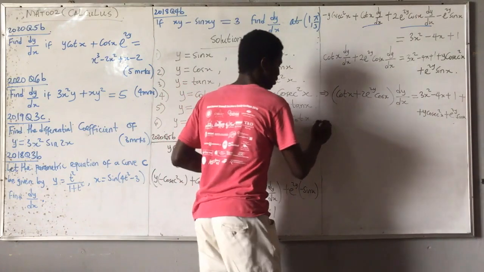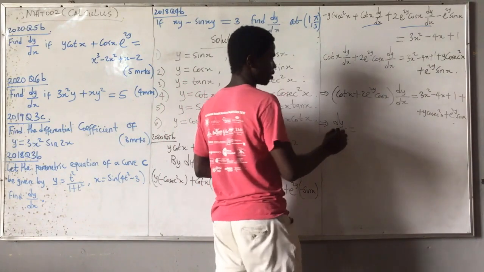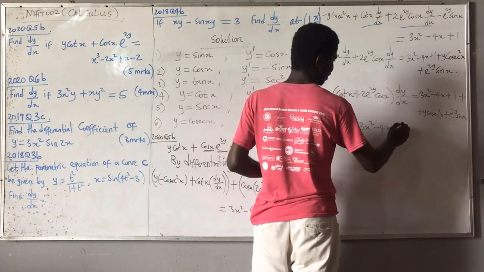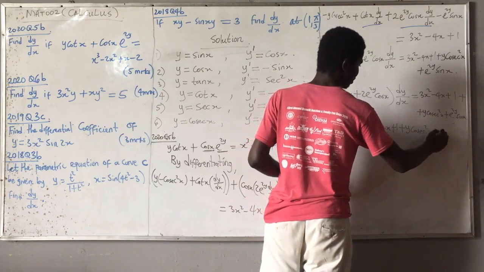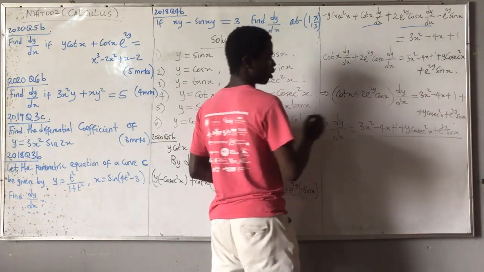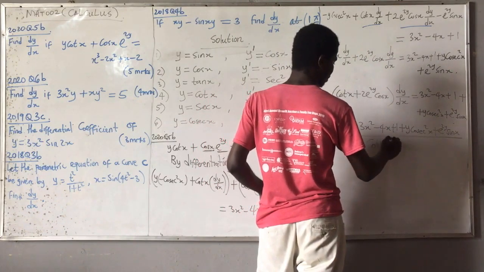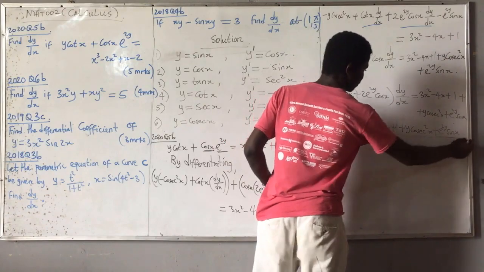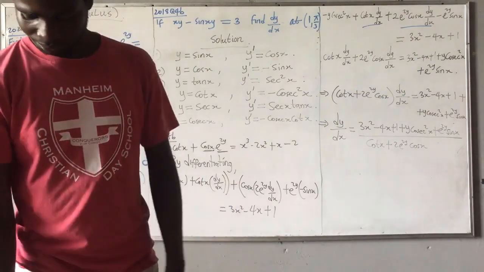So that dy/ds will be equal to 3s squared minus 4s plus 1 plus y cosec squared s plus e raised to power 2y sin s all over cos s plus 2e raised to power 2y cos s. And this is the answer. That's the answer to that question.